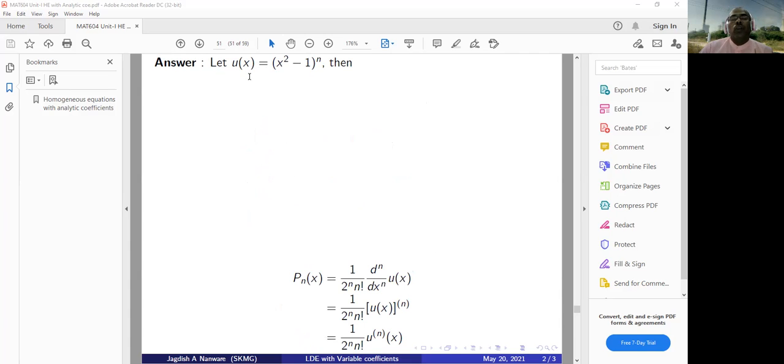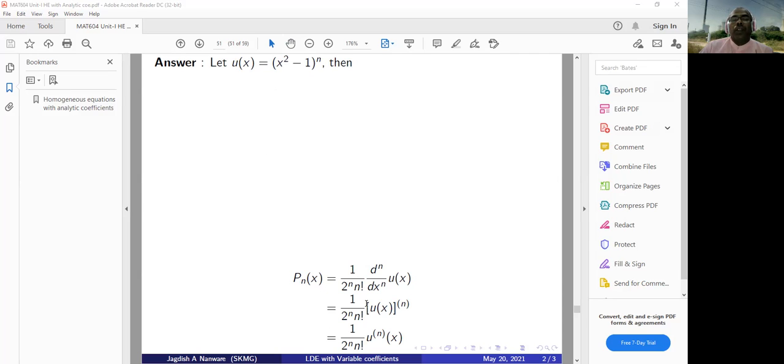And now we find the nth derivative of this u of x, because we know that the nth derivative of u of x multiplied by the coefficient 1 upon 2 to the power n into n factorial is the Legendre polynomial of degree n. So this is just a definition of the Legendre polynomial of degree n that we know.